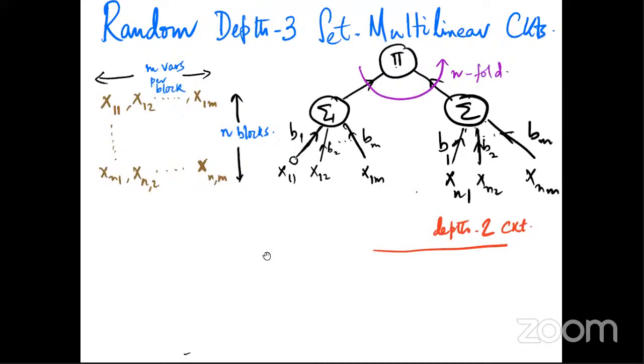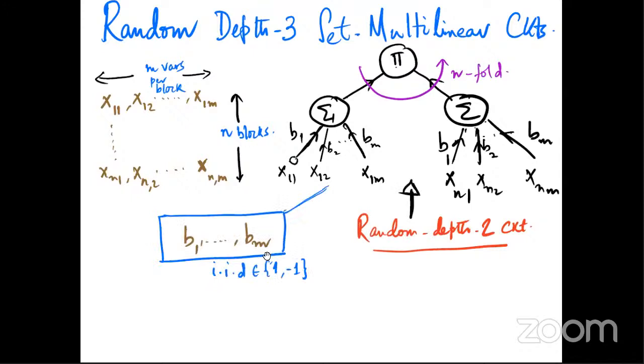So let's look at a random depth 2 circuit. A random depth 2 circuit will be a product gate at the top and then some gates at the bottom. And this product gate is going to be n-fold. Each of these sum gates at the bottom computes a sum of a particular block.